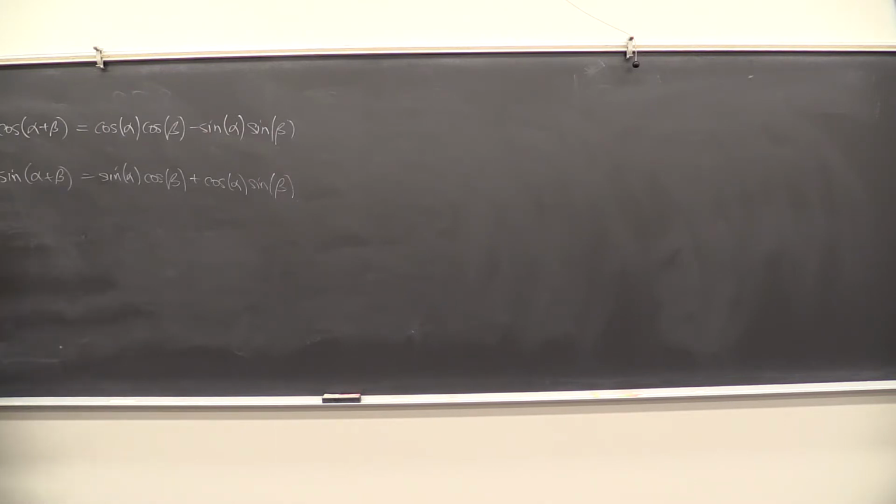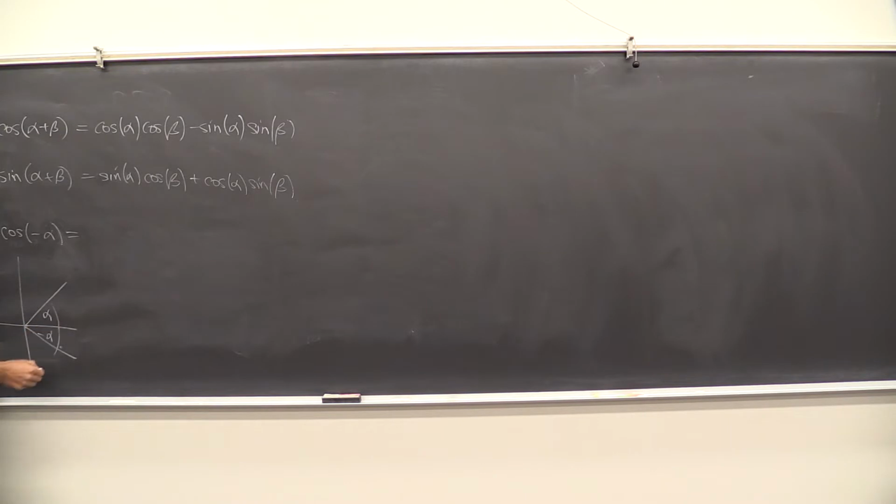So these are the formulas that we got last week, and then a couple of things that are useful to remember. What's the relation between the cosine of alpha and the cosine of negative alpha? Anybody remember? If you don't remember, let's think about it. You have an angle alpha and you have an angle negative alpha.